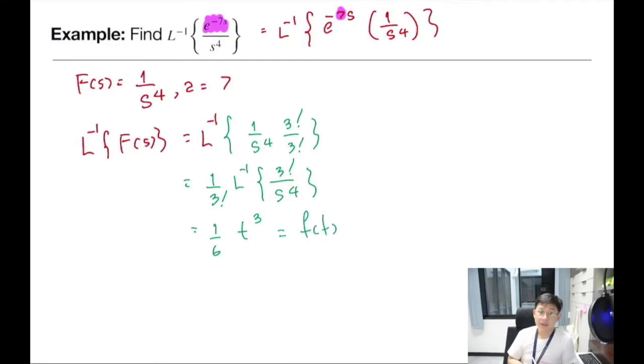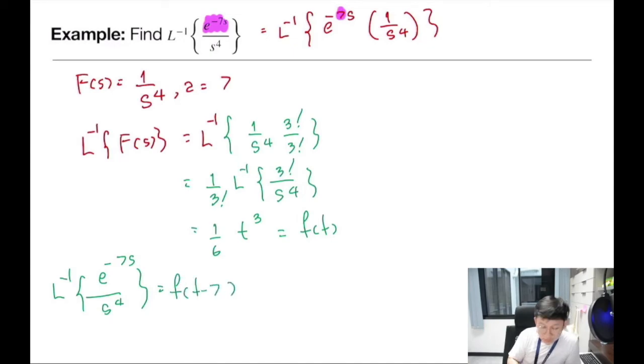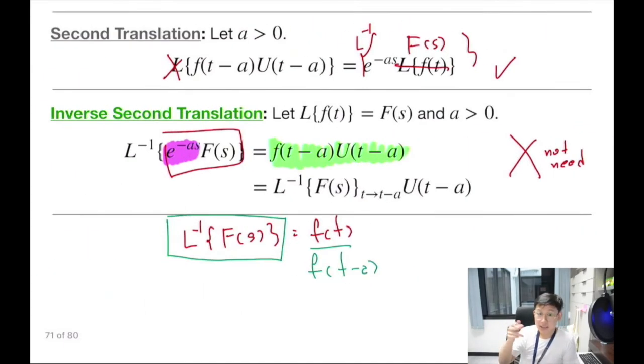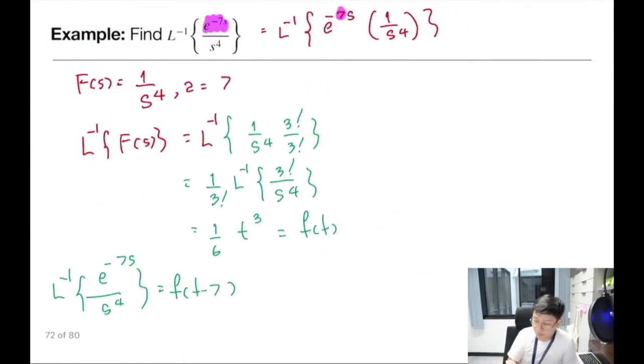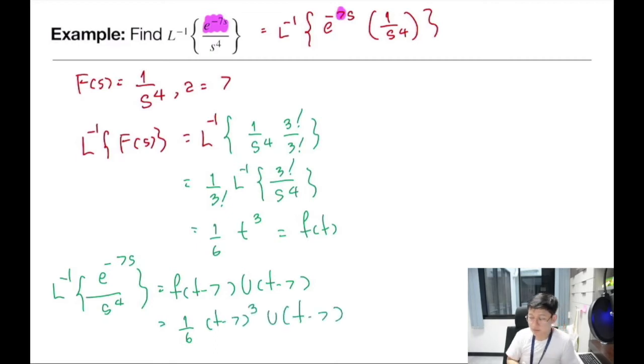So if you want to find L inverse of e to the minus 7s divided by s to the 4, that would be f(t minus 7) u(t minus 7). Don't forget, t minus a, that will be t minus 7. But f(t) is 1 over 6 t to the 3, so f(t minus 7) would be 1 over 6 (t minus 7) to the 3, times u(t minus 7), and that's it.